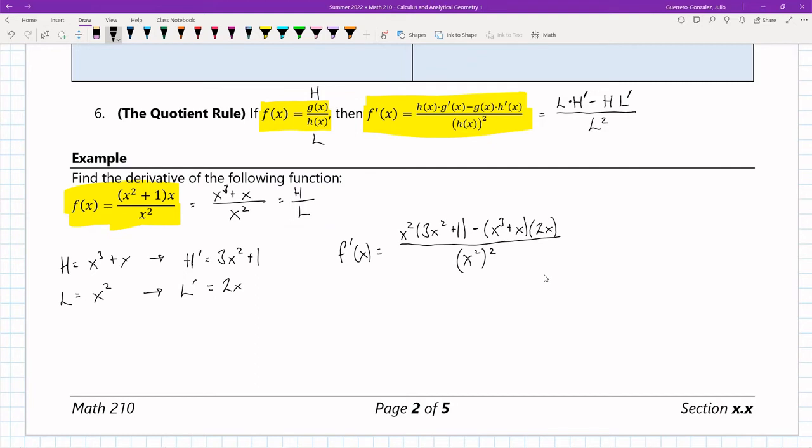You can simplify this, but for the purposes of calculus, this is good. We are done after this. If you notice, the function itself, I could have reduced it a little more before even starting it, and you could, very much so, but it's not necessary.